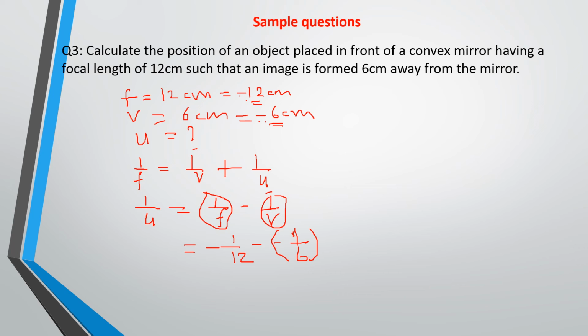Now we know that when you remove this bracket, minus minus will be equal to plus. So this will give us minus 1 over 12 plus 1 over 6. Is that okay? So now just find the LCM.